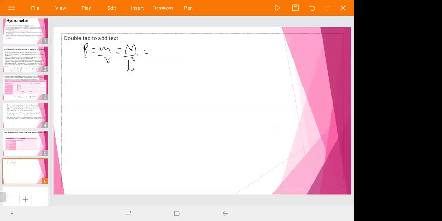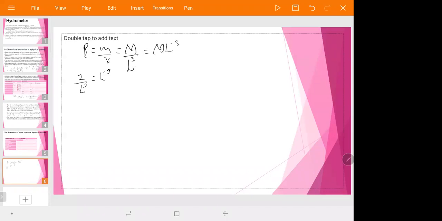Why does it become negative? For example, to bring up length, 1 over L cube, to bring this one up, it is brought up by what? By negative 3. Therefore, it becomes negative.